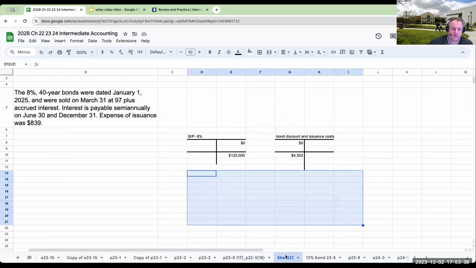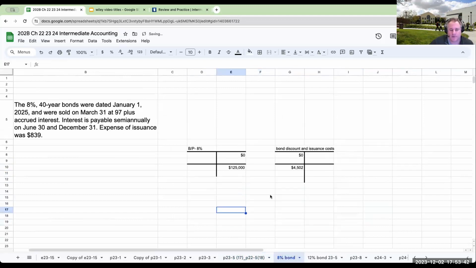So let's take a look at this. This is our 8% bond. Let's unpack this thing. The 8% 40-year bonds were dated January 1st, but they were sold on March 31st at 97 plus accrued interest. So we have a bond that's being issued in between interest dates.